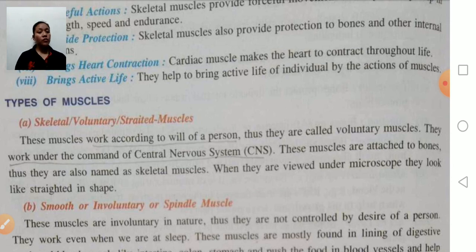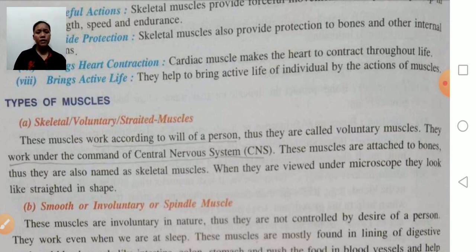Thus, they are called voluntary muscles. They work under the command of the central nervous system. These muscles are attached to the bones, thus they are also known as skeletal muscles. When viewed under a microscope, they look straight in shape. Therefore, it is known as straight muscle.